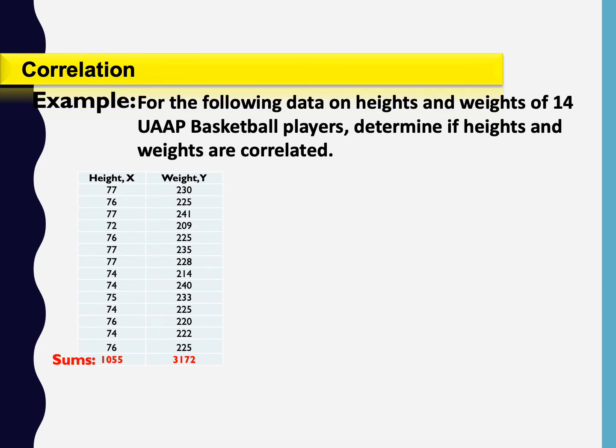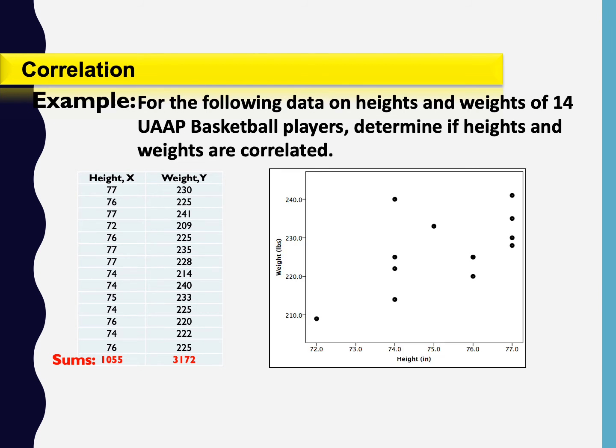Let's look at this example. For the following data on heights and weights of 14 UAAP basketball players, determine if heights and weights are correlated. We let the height of the basketball players be our variable x, and the weight of the players be our variable y.